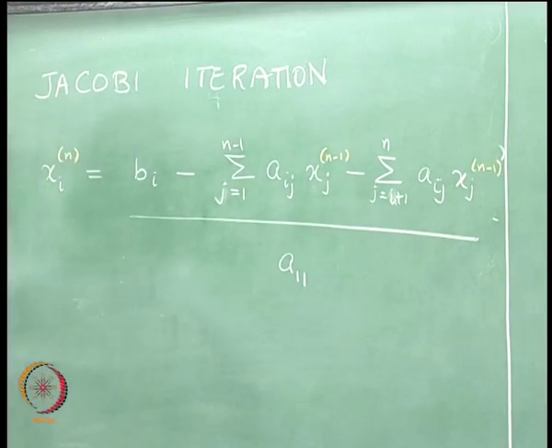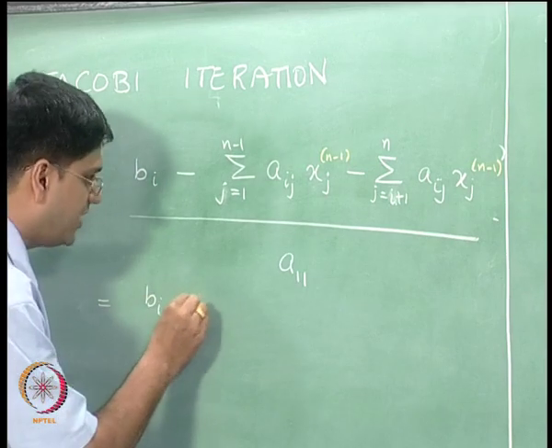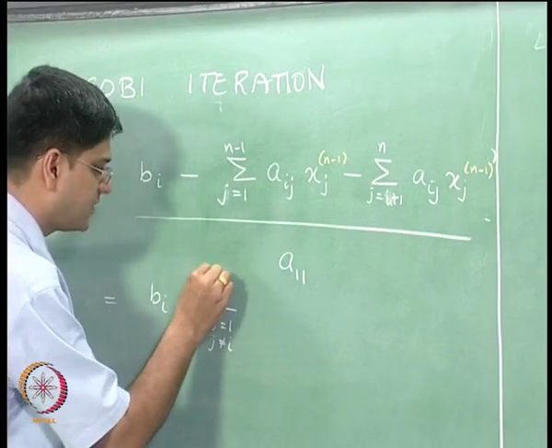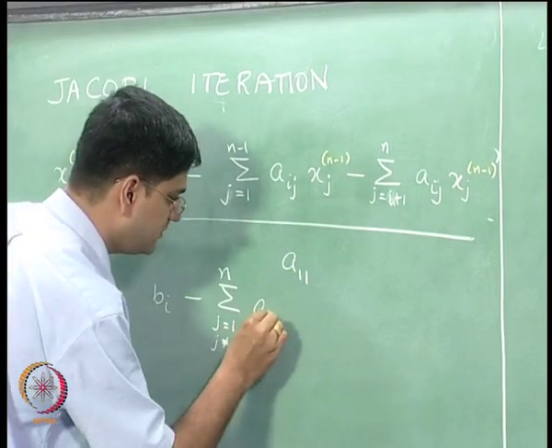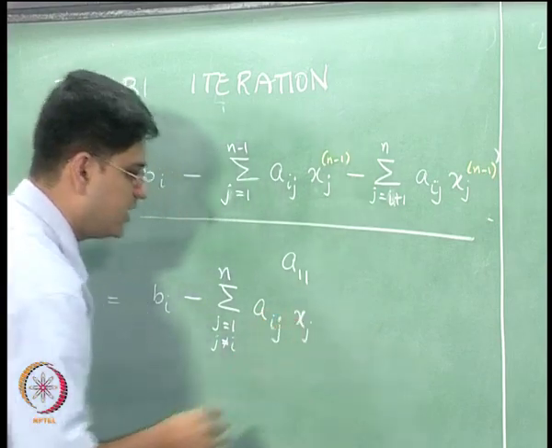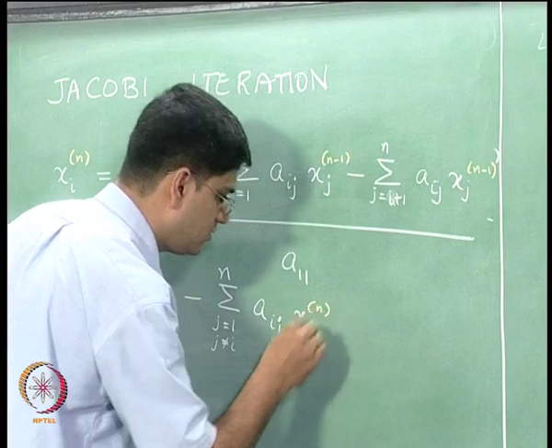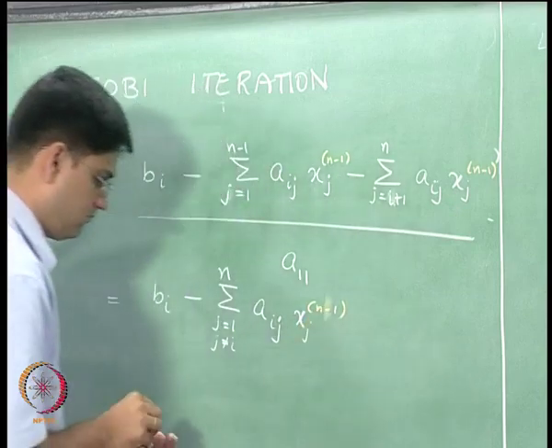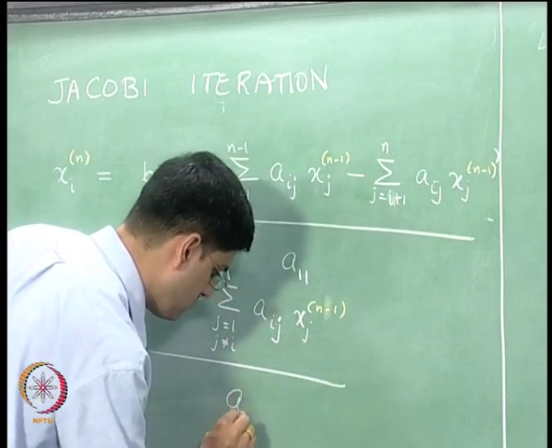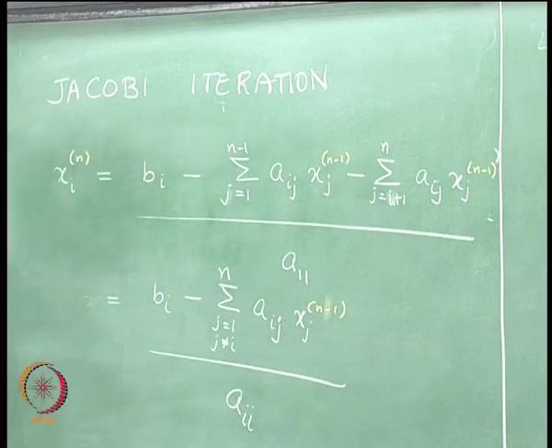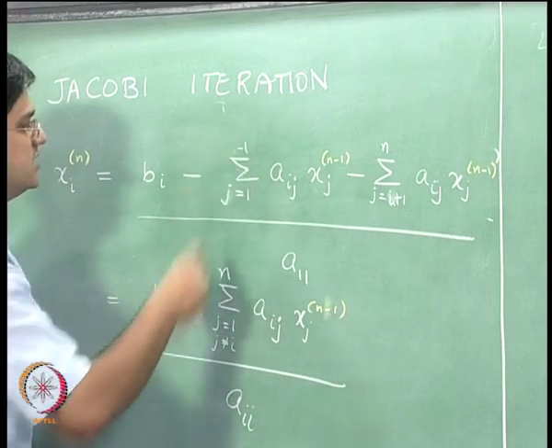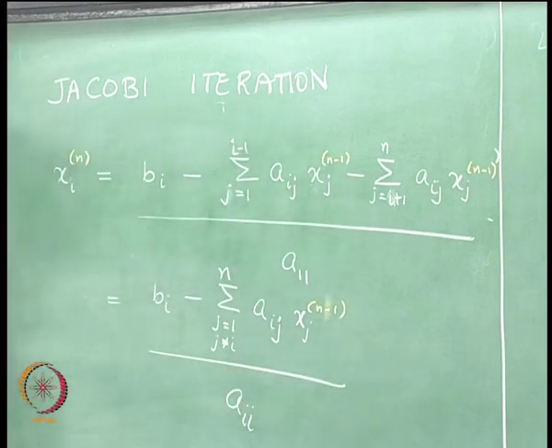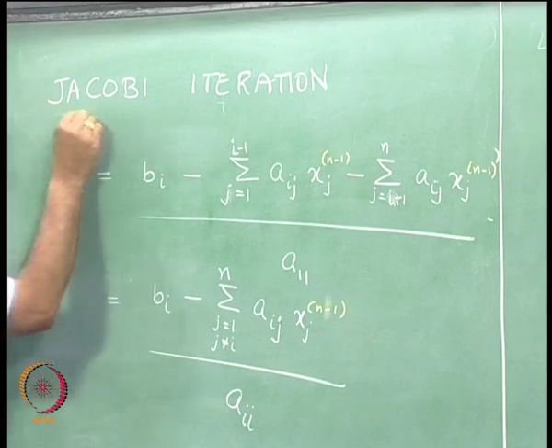A more compact way of writing this is bi minus summation j equal to 1, j not equal to i, up to n, aij xj. This should be n minus 1, not i minus 1. And this essentially is the Jacobi iteration.